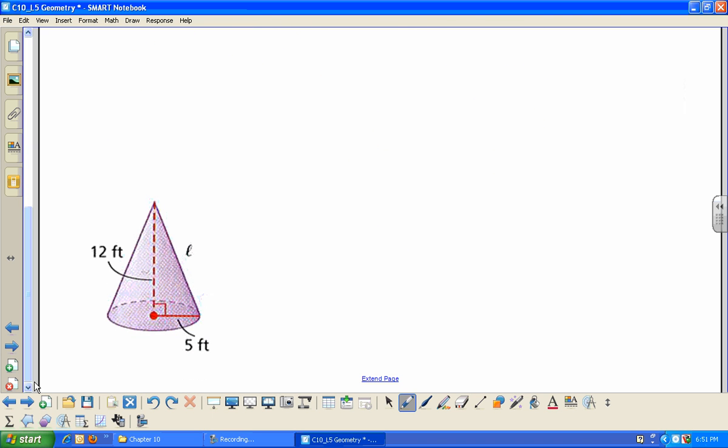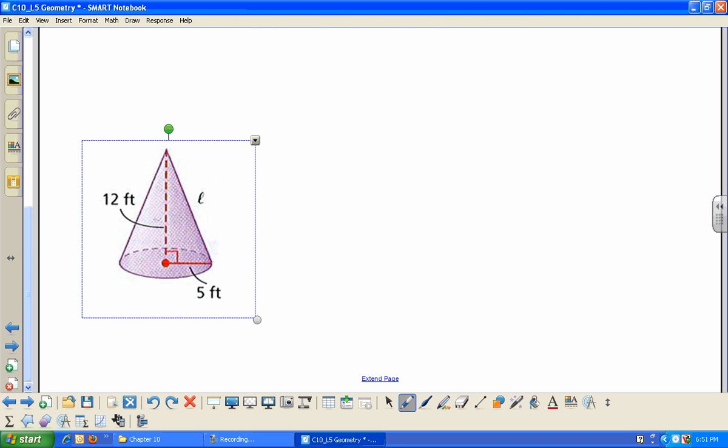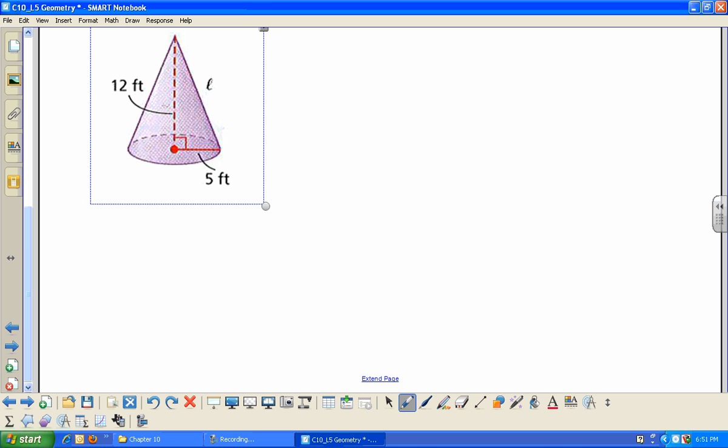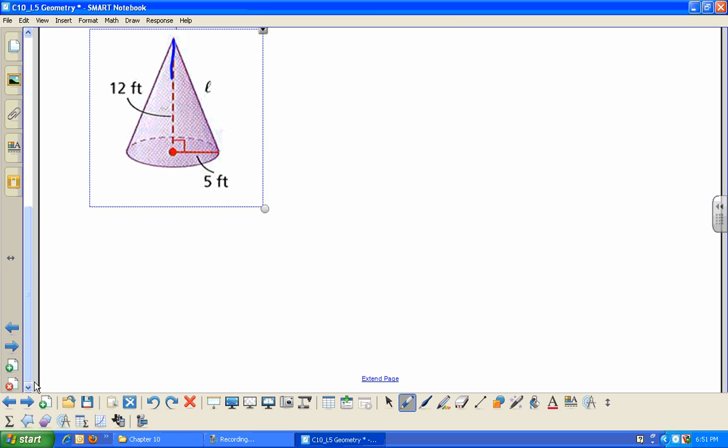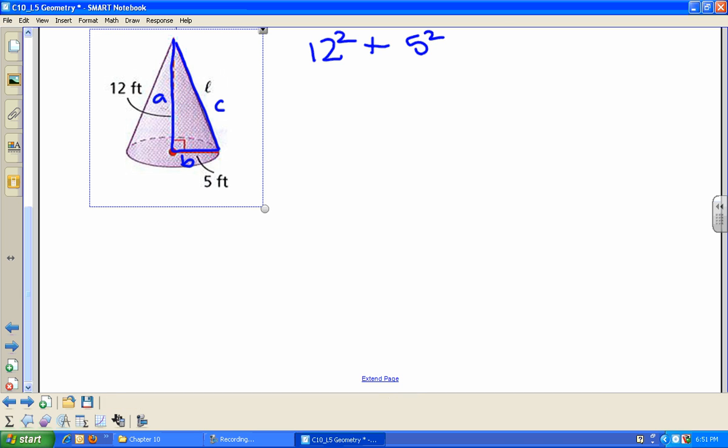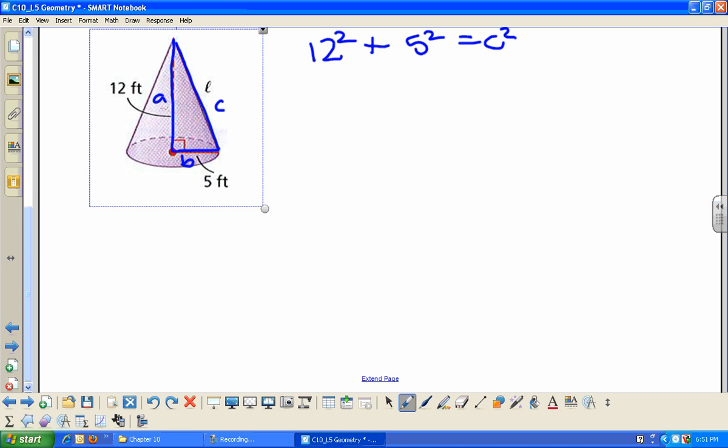Now if I'm given a cone like this, I do not have the slant height of this cone. So I have to find the slant height. Here, I am given the height of the cone, and it creates a right triangle. So if I label this side a, b, and c, I can use the Pythagorean theorem. 12 squared plus 5 squared equals c squared.